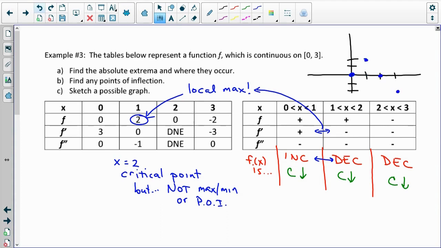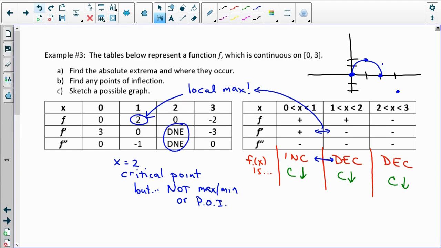I know that I am increasing and concave down from 0 to 1. So increasing and concave down looks something like this. I am decreasing and concave down between 1 and 2. And then I have some sort of weird situation. This makes sense because it looks like my tangent line appears to be going to 0 there.